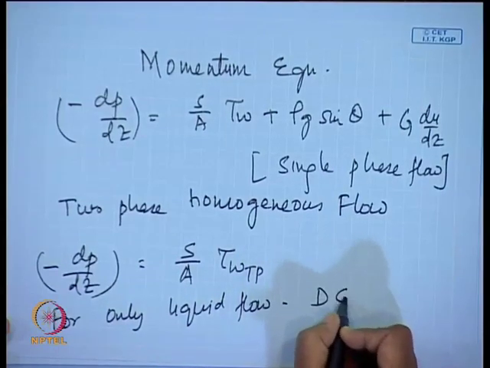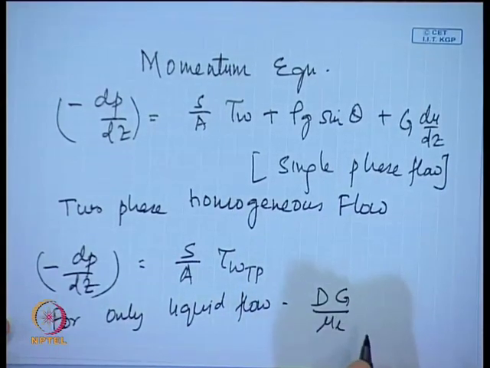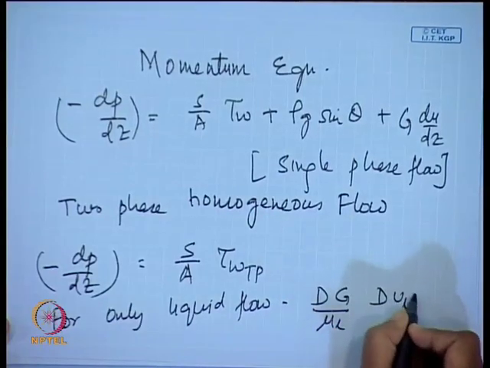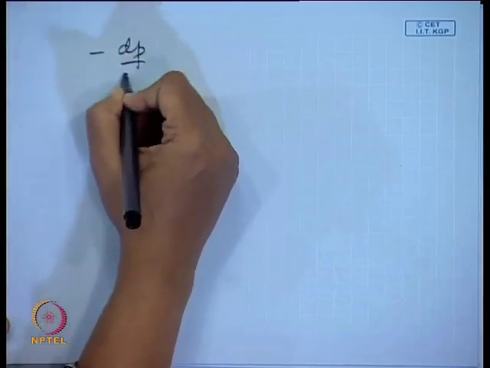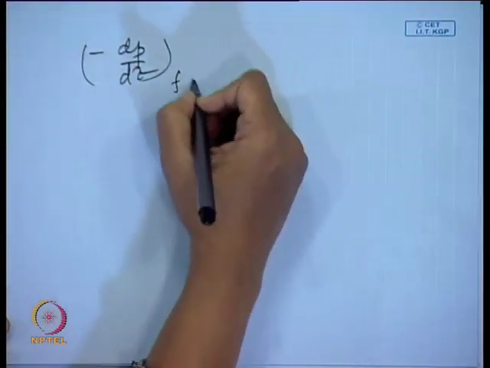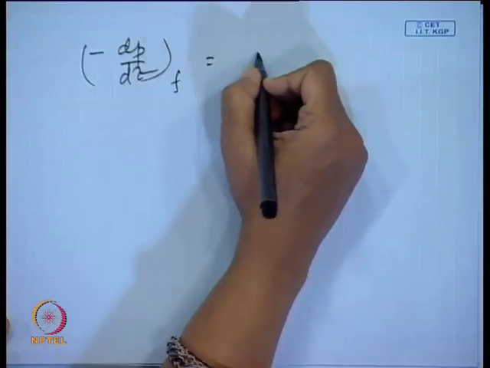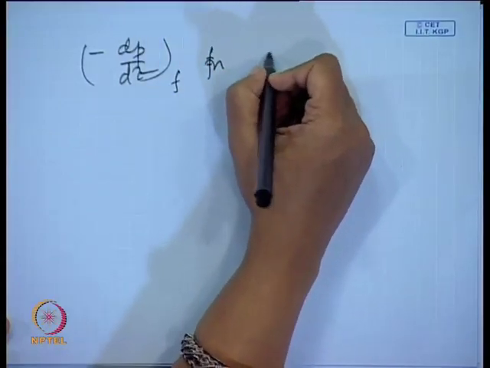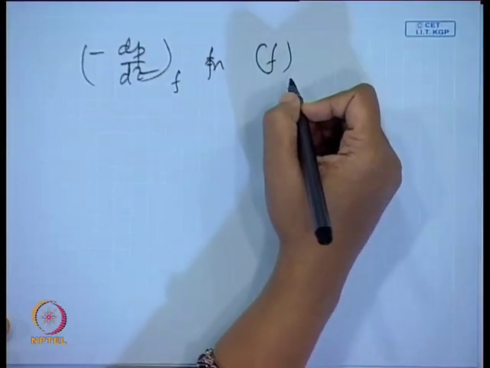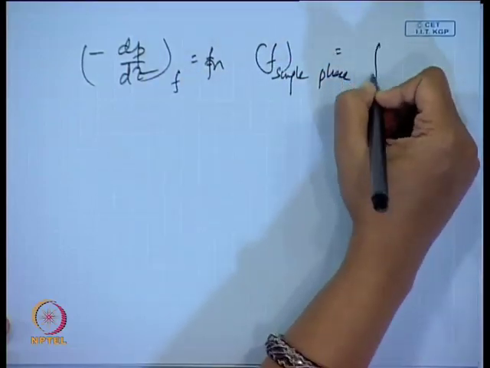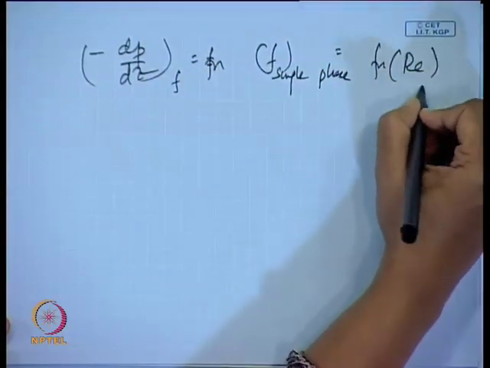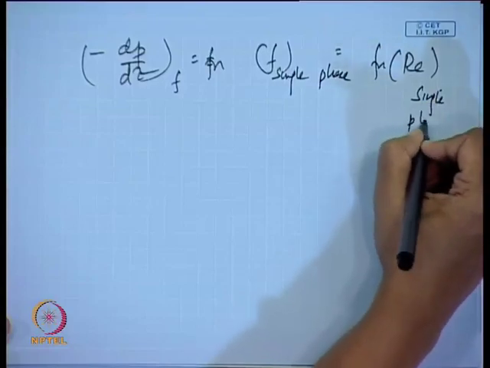It is dG by mu L, or in other words d u L rho L by mu L. For single phase flow, the frictional pressure gradient dP dz is a function of friction factor single phase, which is a function of Reynolds number single phase, right.